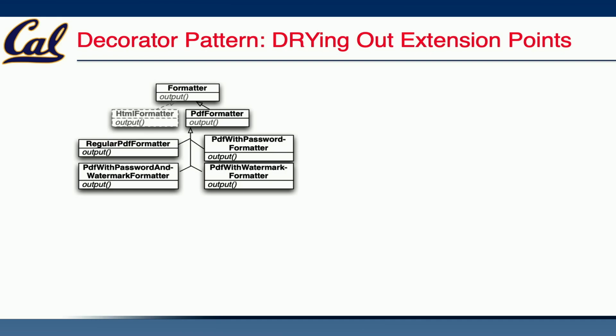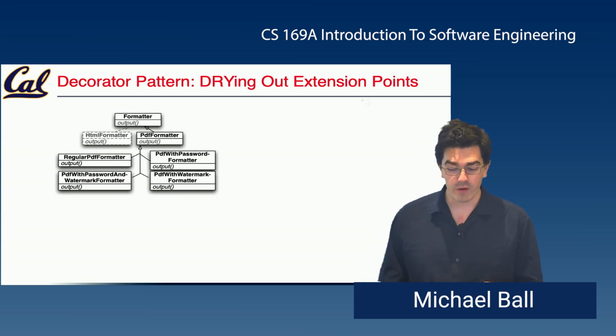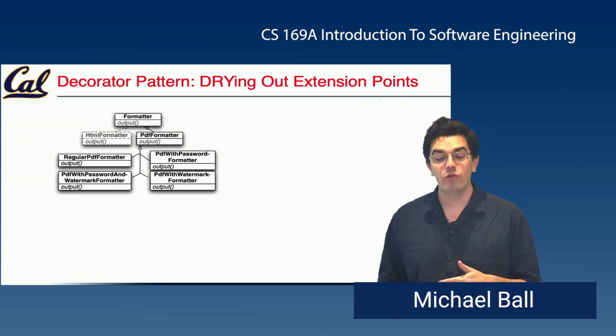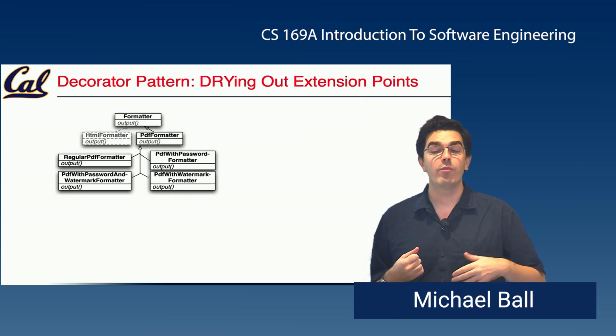One of these is the decorator pattern. The decorator pattern allows us to dry out extensions to classes by essentially wrapping an object in an additional class that provides functionality. In Rails, this is really common to decorate objects that have presentational natures.